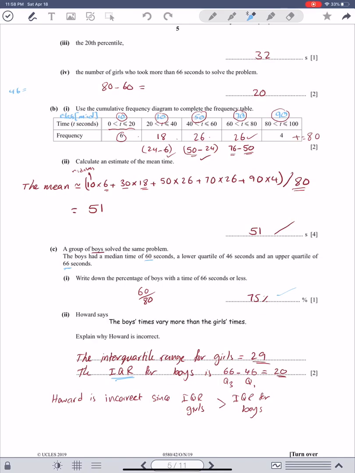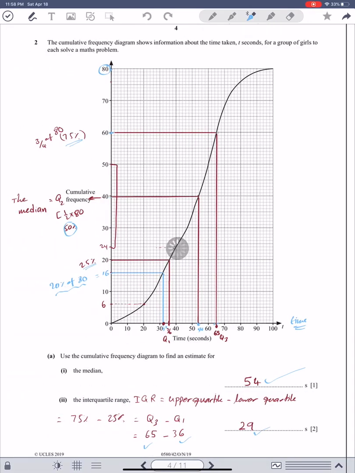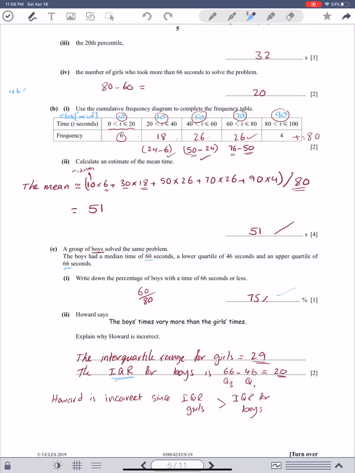When you calculate the interquartile range for girls, as we did in the earlier part, it was 29. For boys, it's 20, because the upper quartile is 66, the lower quartile is 46, so the interquartile range is 20.